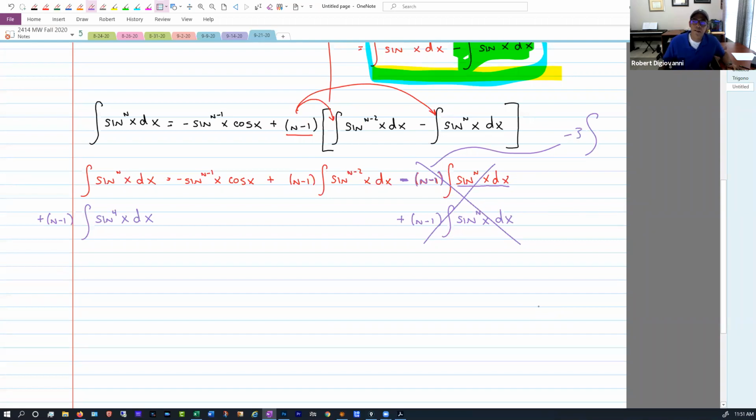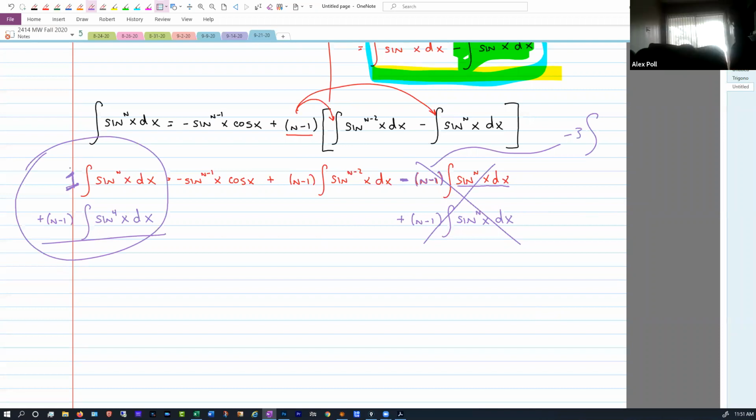And how many of these will I have now if I add these two together? There's one of those integrals here, and I'm adding n minus 1 of them. So what's 1 plus n minus 1? N. Just n.